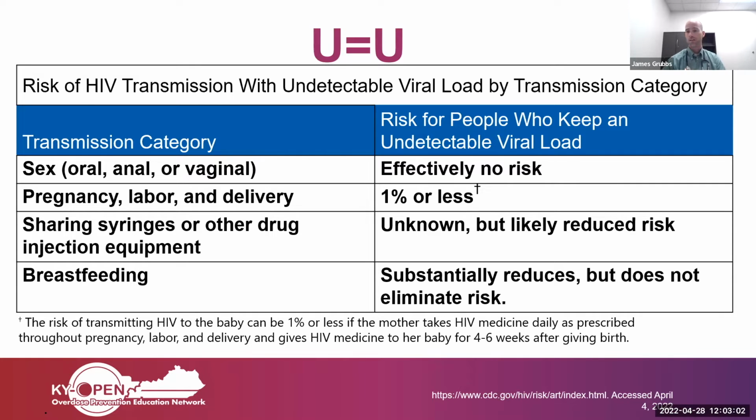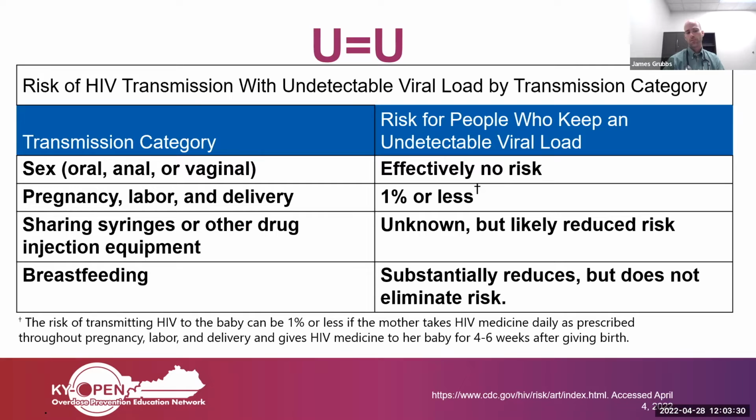Even in large cohort studies done in France, there were no transmissions seen out of thousands of babies born that fit into that category. If there's intermittent adherence to medication during pregnancy, there's a higher risk. And if you start treatment for HIV later during pregnancy, there's a higher risk of transmission.